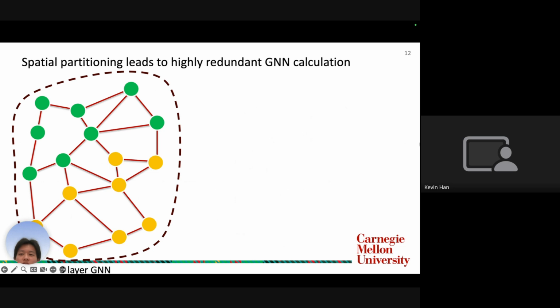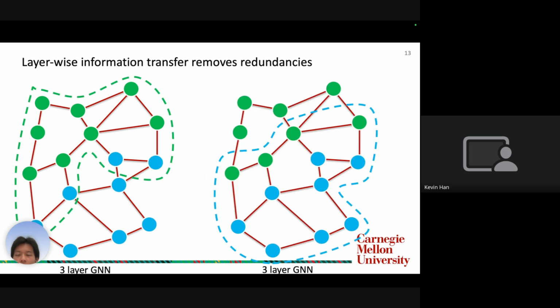If we perform this spatial partitioning with a 3-layer GNN, we would need to incorporate the entire graph on both partitions. To calculate the energy and forces for these green nodes, we would have to do a 3-hop expansion, and this entire graph is only a 3-hop expansion away anyway. So this is quite useless in LAMMPS spatial partitioning for this toy example.